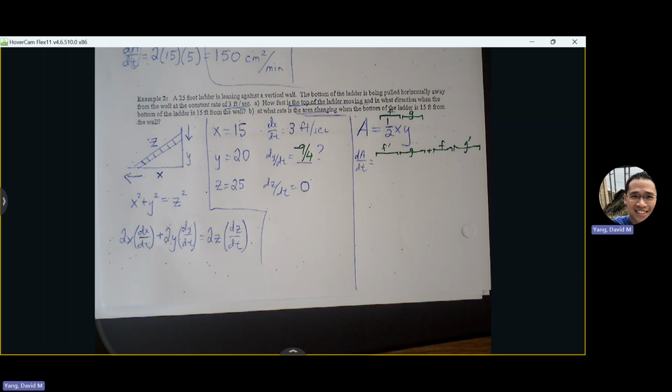What do you think 1/2 x will turn into? 1/2 what? The x disappears, but then what goes in place of the x? 1/2 what? dx. Good, 1/2 dx/dt, right? The 1/2 stays because it's a coefficient. The x goes away to a 1, but we need to attach dx/dt.